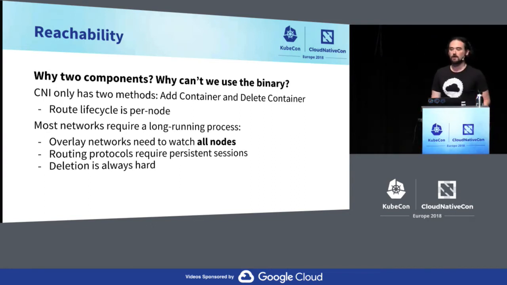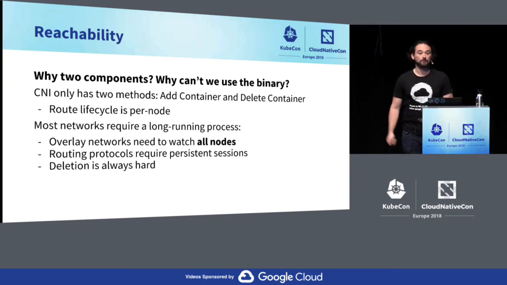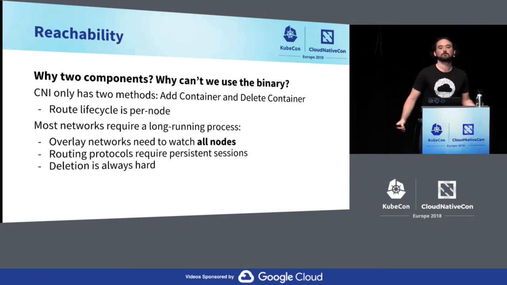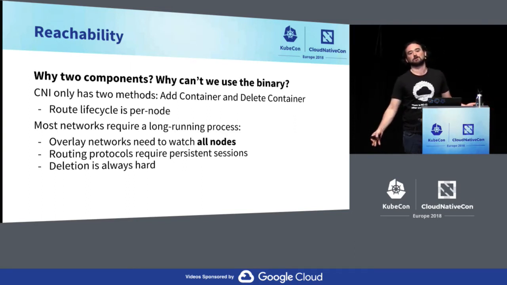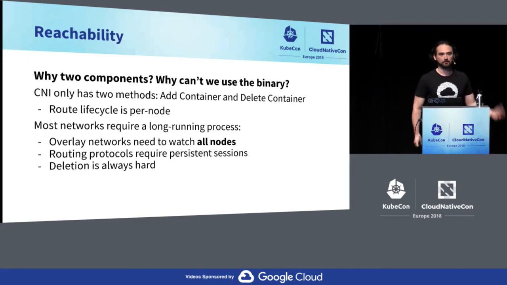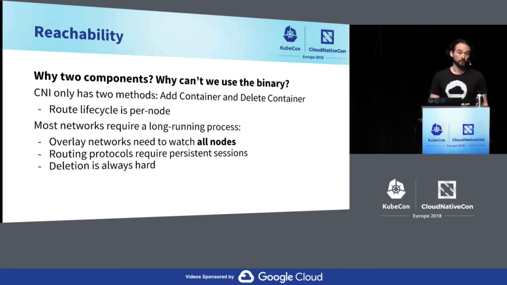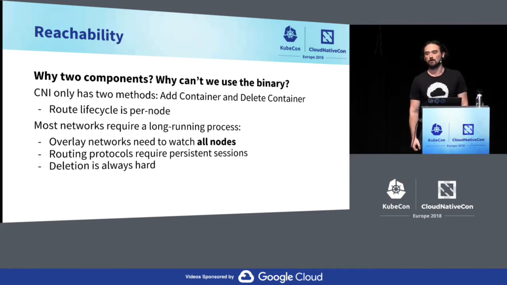It's per node. So you can't get away without a long-running process, right? If you have an overlay network, you already know this because you need to program every node anytime any node changes. So you have to have a daemon that is programming every node and watching every node in the API server. If you're talking a routing protocol, if you're talking BGP or OSPF, those protocols also require persistent sessions, right?